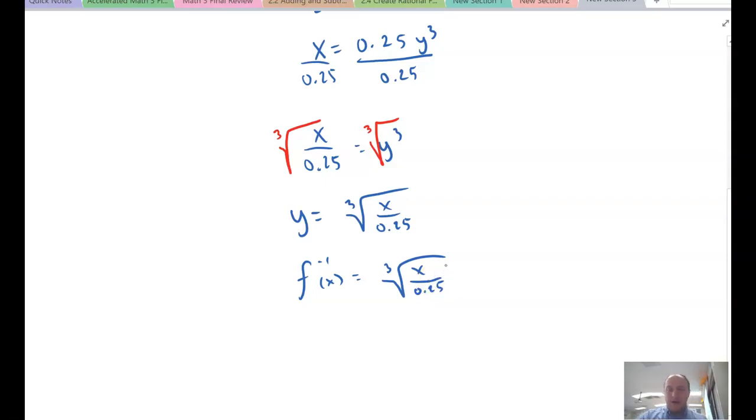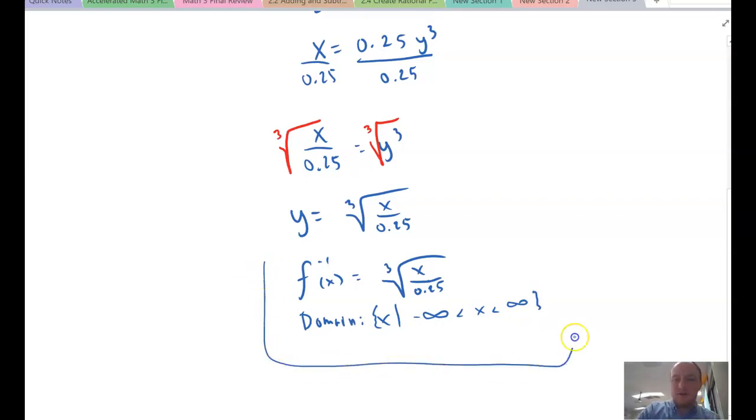Okay, and domain, are there any restrictions on domain? The answer is no, there aren't. Our domain is all real numbers, negative infinity to infinity and beyond. Okay, so that is our domain.